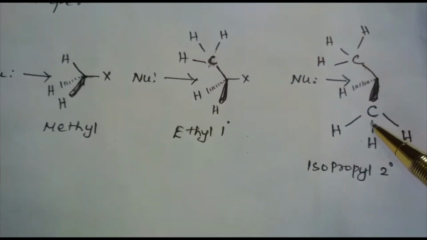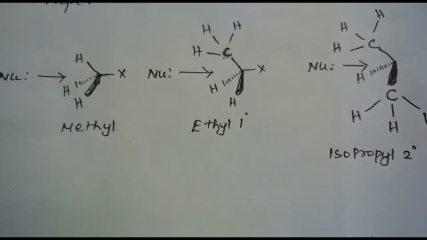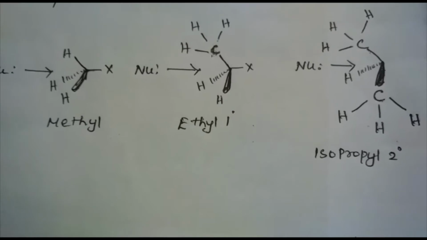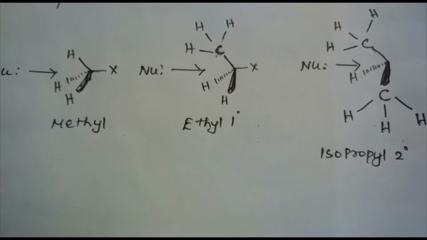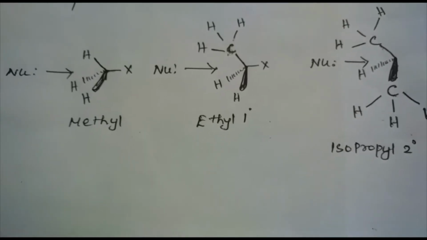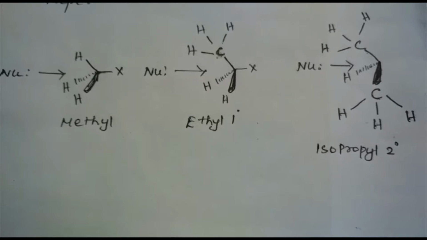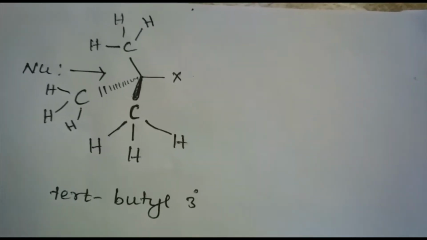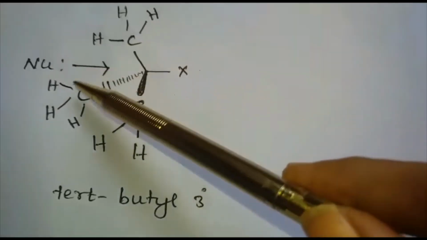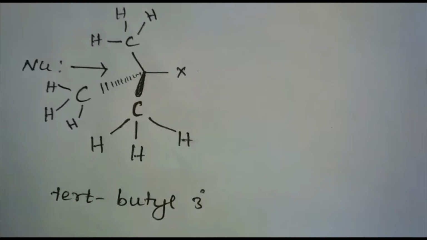Here we are having 2 bulkier groups. In the case of tertiary butyl, we are having 3 bulkier groups, CH3 groups, which will hinder the SN2 mechanism.